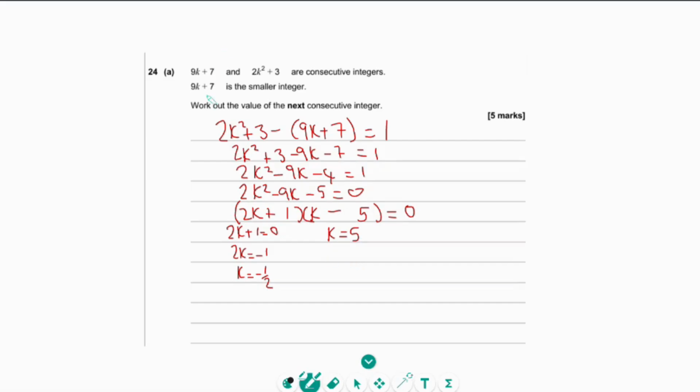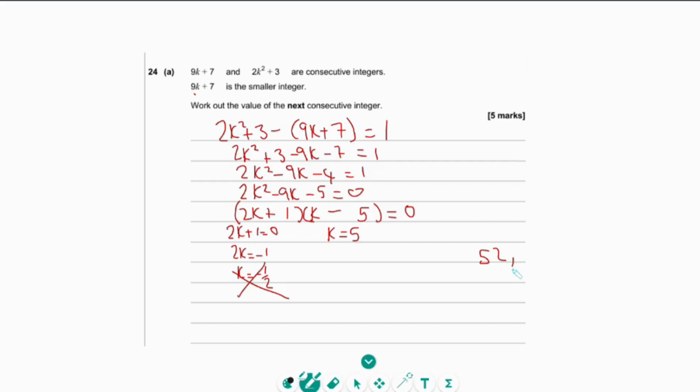If I put 5 into here, 9 times 5 is 45. 45 plus 7 is 52. If I put minus a half in here, 9 times negative a half is minus 4.5 plus 7, which would give you a non-integer. So it cannot be k equals minus half, it's got to be k equals 5.